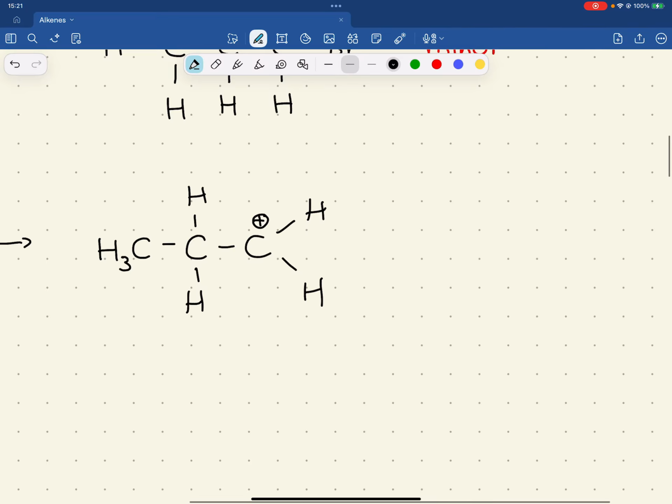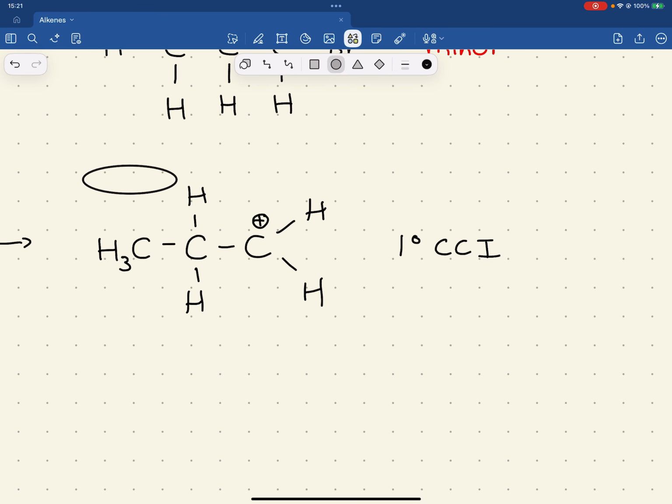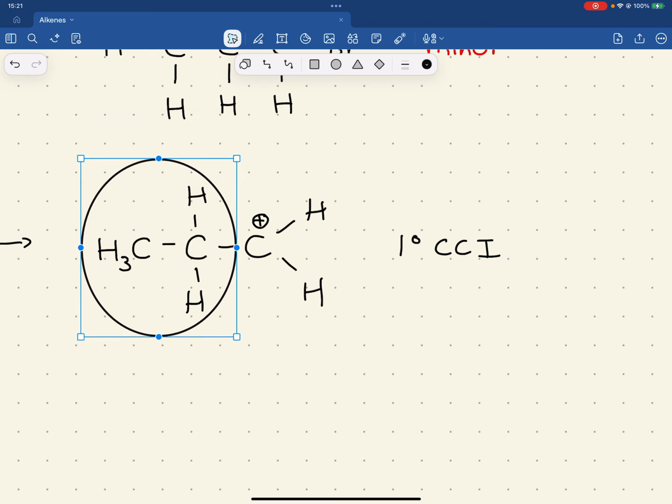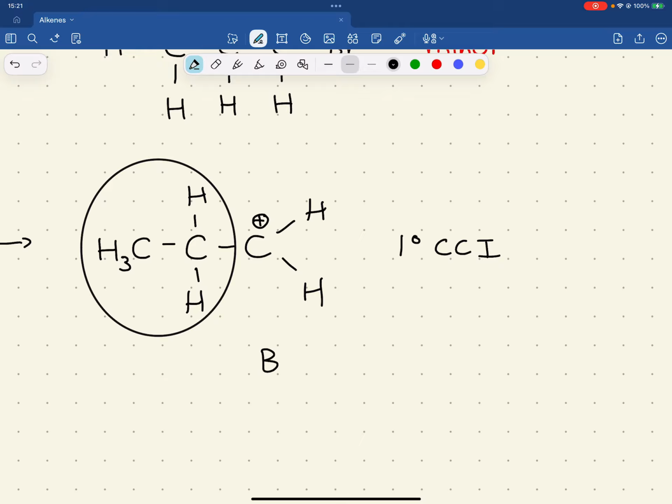This now is an example of a primary carbocation intermediate, and here we've only got 1 electron donating alkyl group. This therefore is less stable, and this would react with the bromide ion to give the minor product. This would then give us 1-bromopropane.